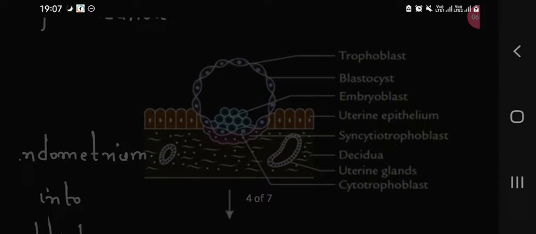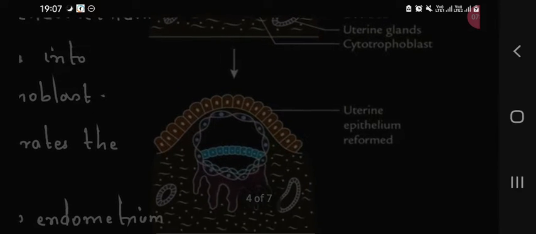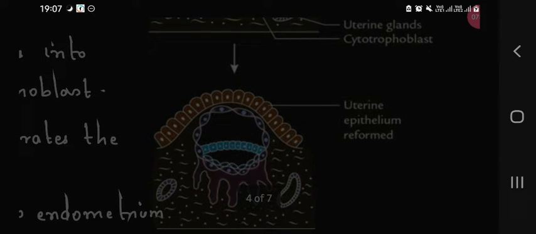So here you can see trophoblast, blastocyst, embryoblast, uterine epithelium, syncytiotrophoblast, decidua, uterine glands, cytotrophoblast and syncytiotrophoblast. Uterine epithelium reformed.